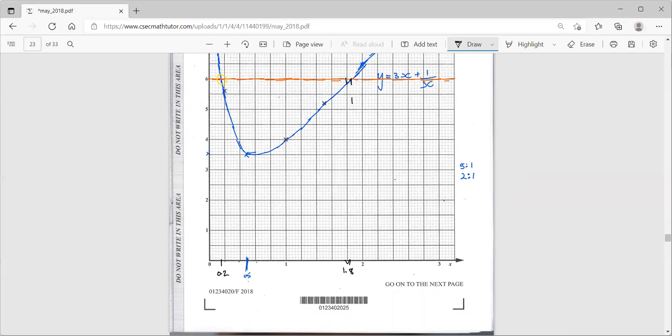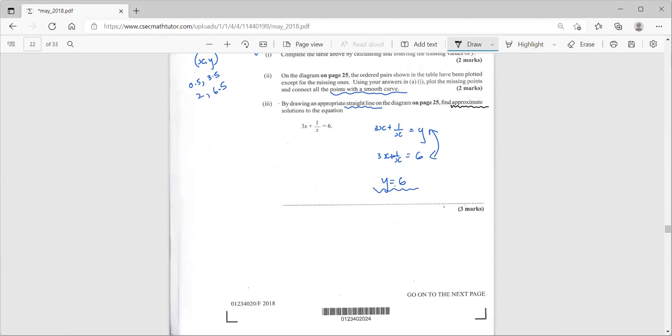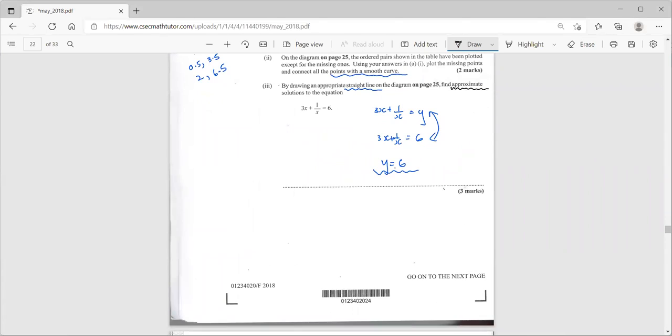Any questions? Right, and therefore, what they said to do is find the appropriate solutions. Your solutions are x values, so x is approximately equal to 1.8, and x is approximately equal to 0.2.